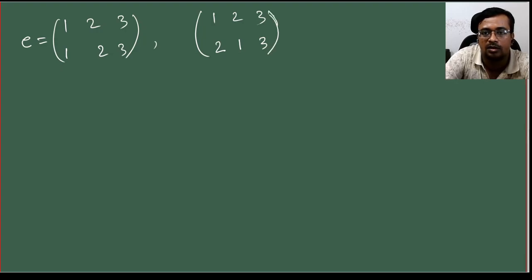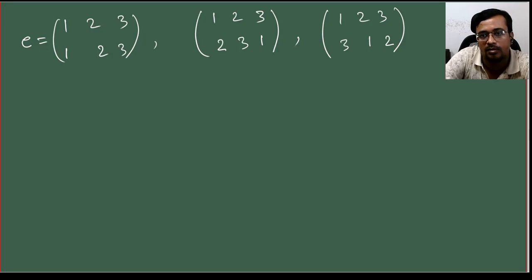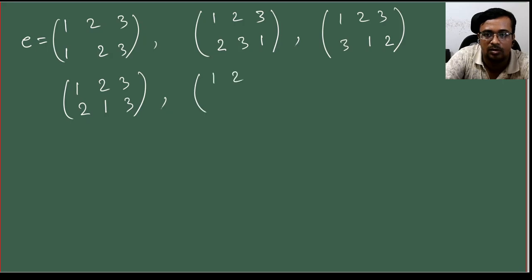Okay, and then you take 1, 2, 3 to 2, 3, 1. Take 1, 2, 3 to 3, 1, 2. Okay, and then you take 1, 2, 3 to 2, 1, 3, and 1, 2, 3 to the remaining ones.